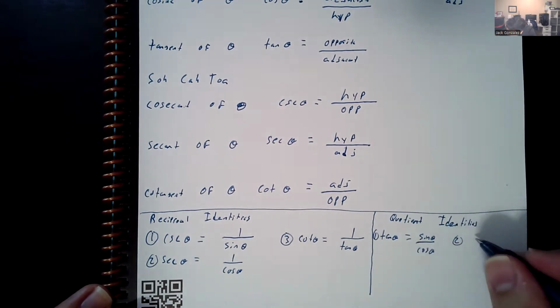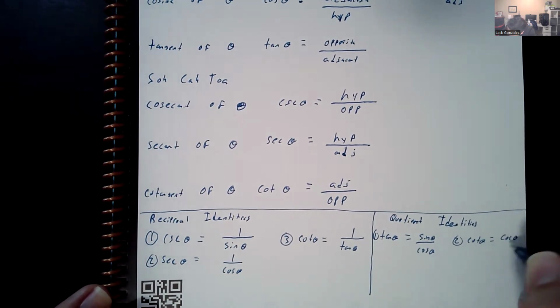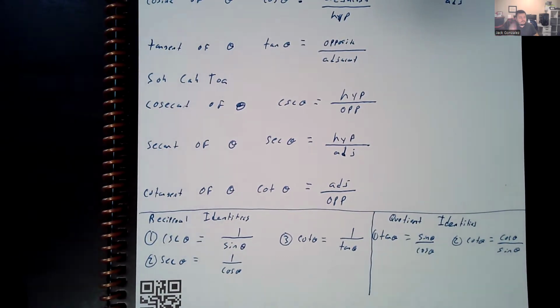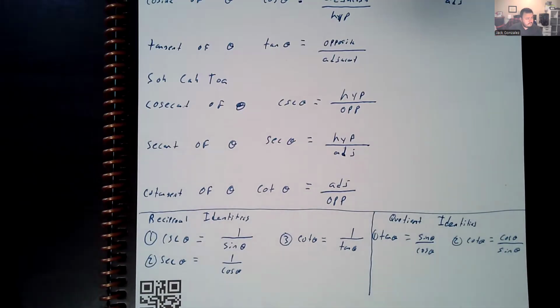Number two, cotangent theta is equal to cosine theta over sine theta. So you can write it this way too. Let me give you one more set of identities and then we'll start the problems.